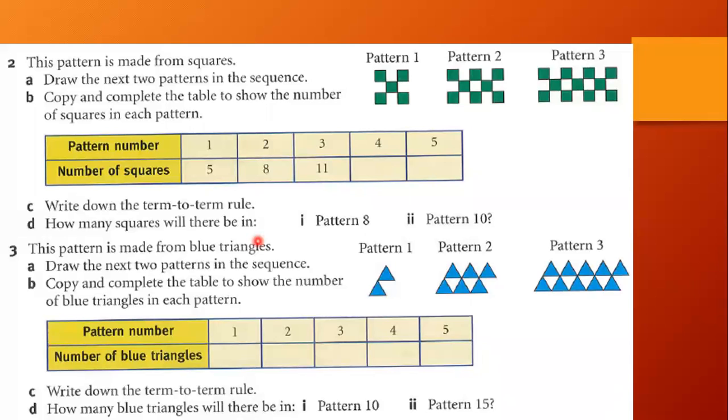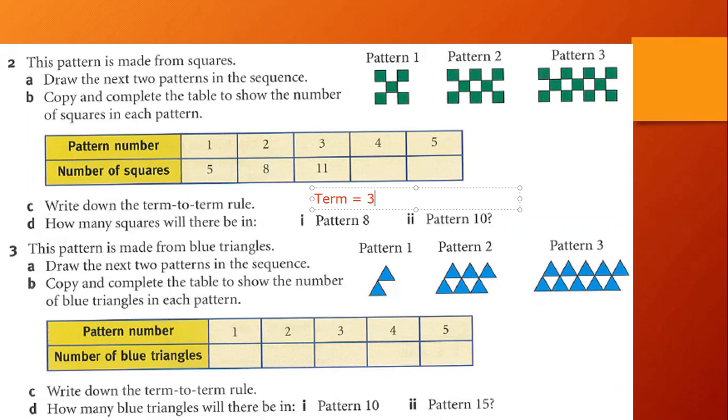The easy way to solve the position to term rule, let me show you. If he says position to term rule, first of all you write here term, that is equal to... first of all, how many do you add? What is your term to term rule? That is 3.